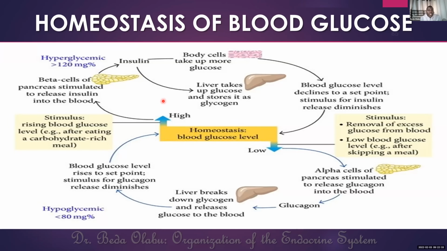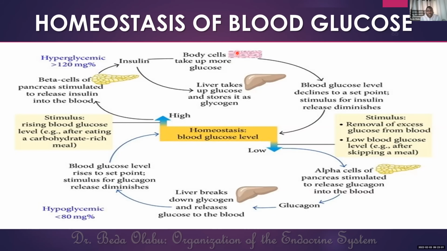An increase in the sugar levels triggers your pancreas to produce insulin hormone. So you have insulin being produced into the circulation. Insulin works through many mechanisms, we said, one of them being just promoting the uptake of glucose by cells.